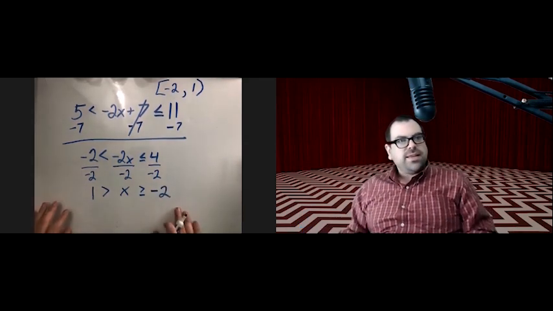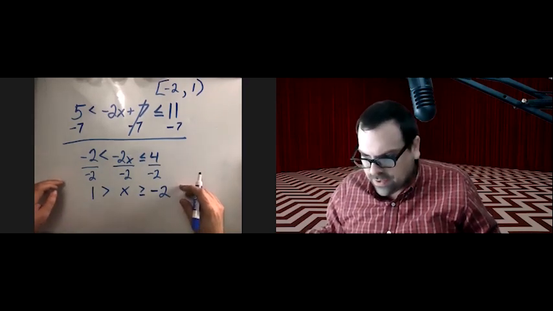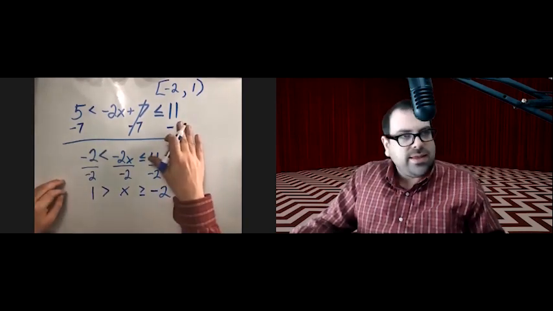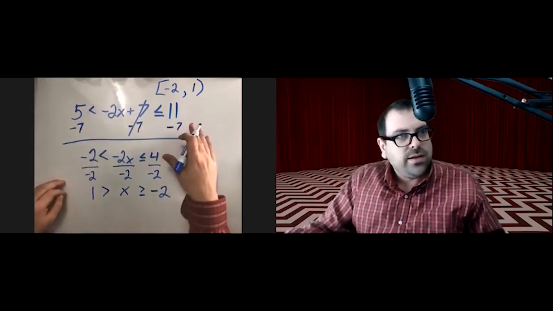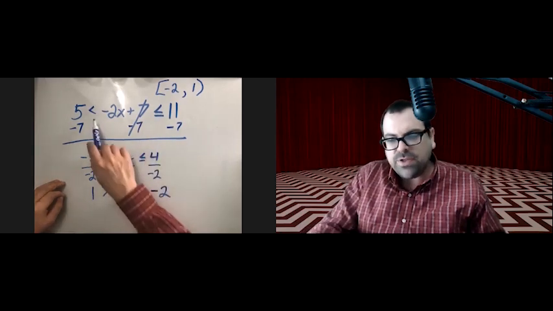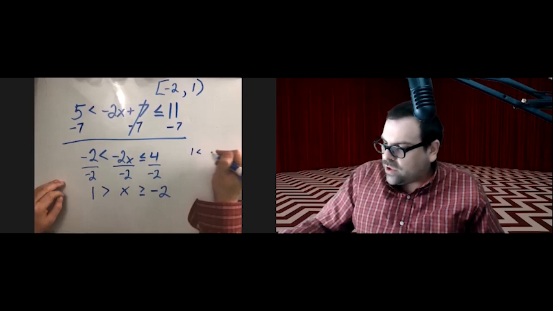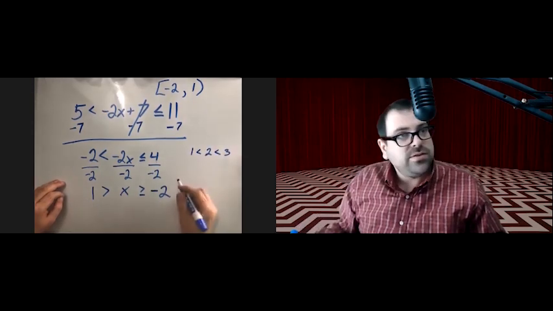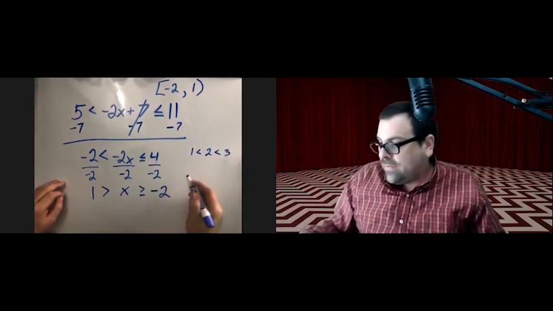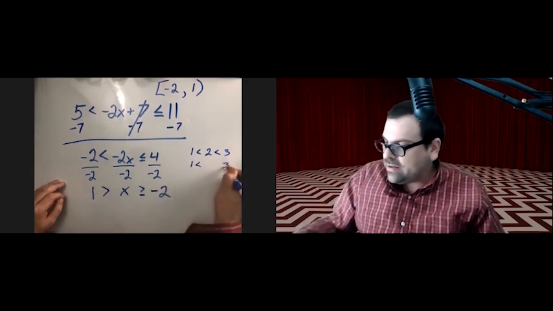Now, before I do anything else, I want to take a look at what happened here. When things are written like this, a 3-part inequality, we use less thans. And because we use less than, for instance, 1 is less than 2 is less than 3, that works because the 1 is less than the 3.